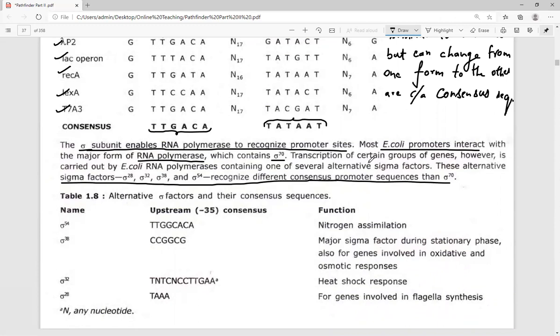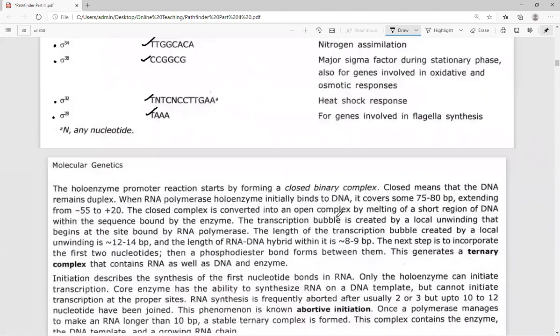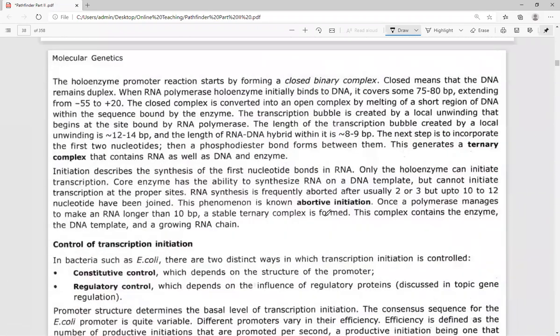Sigma 54 recognizes this sequence, sigma 38 this sequence, sigma 32 this sequence, and sigma 28 this particular sequence. These sequences are recognized by different sigma factors that differ from each other and have different functions. Please do have a look.